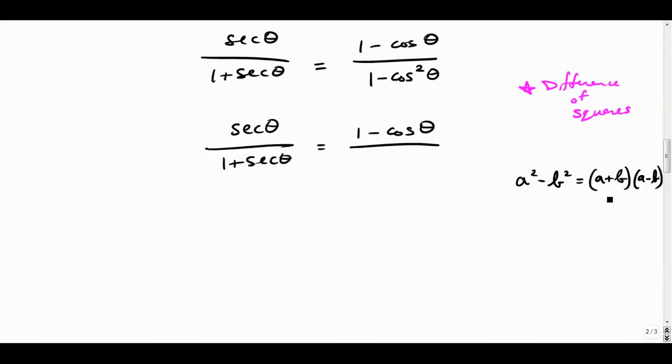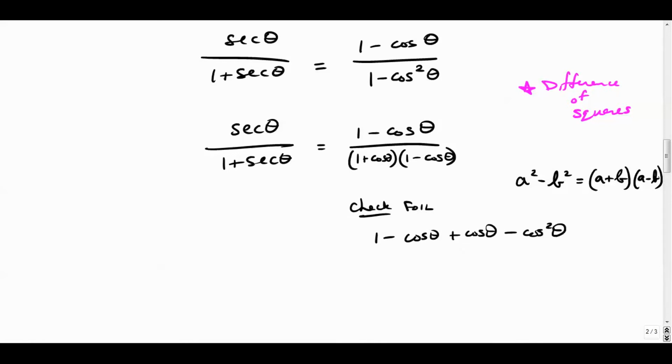All right, it's algebra 1, algebra 2 stuff. So we can change this to 1 plus cosine, 1 minus cosine. And you can check that if you want to by foiling. If you check it, you get 1 minus cosine theta plus cosine theta minus cosine squared theta. These cancel out, and I'm left with exactly what I started with. So that's what we call a difference of two squares, difference of squares.